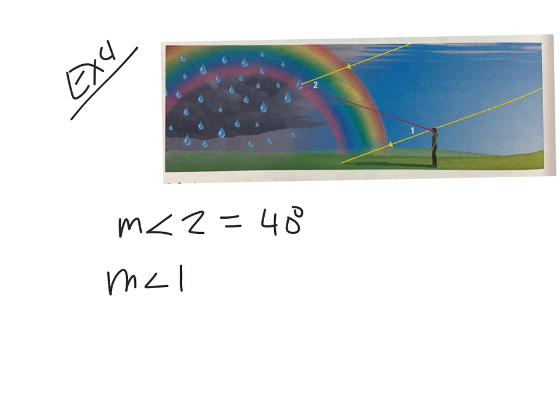This is a real life problem. When sunlight enters a drop of rain, different colors of light leave the drop at different angles. This process is what makes a rainbow. For violet light, the measure of angle 2 equals 40 degrees. What is the measure of angle 1?